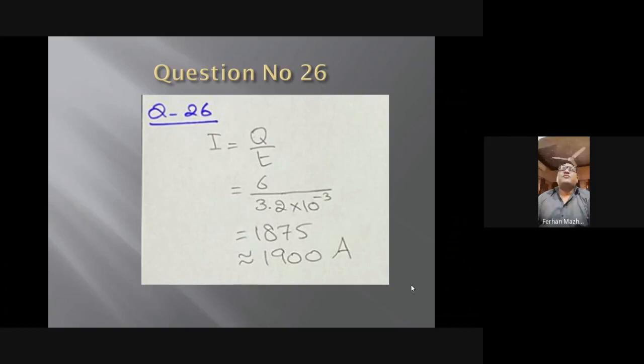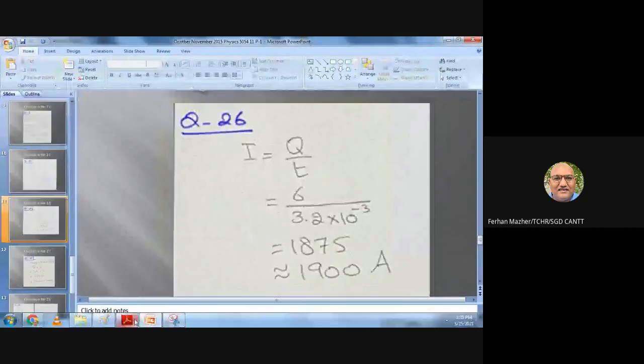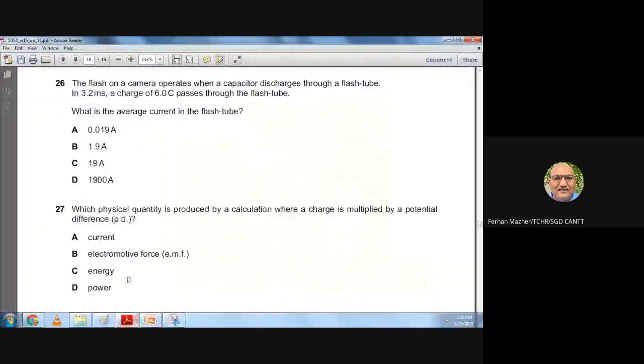So on your calculator, write 6 divided by 3.2 expo minus 3 equals. It will be 1875, which is approximately 1900 ampere. Question number 26, 1900 ampere. Let me check, oh yes, D is the option. Question number 26, D is the right option.